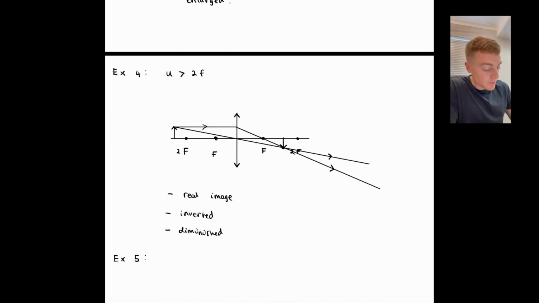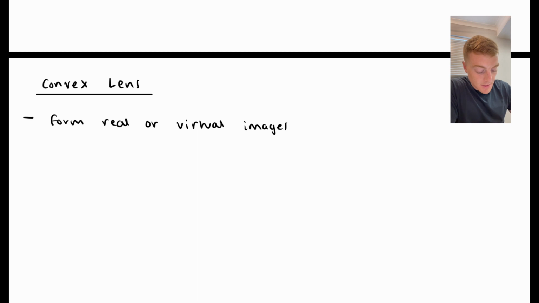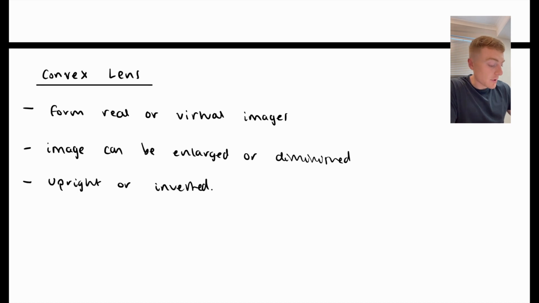Now in another example we had where the image was diminished. So the image can be enlarged or diminished. And it can also be inverted or upright. So upright or inverted.